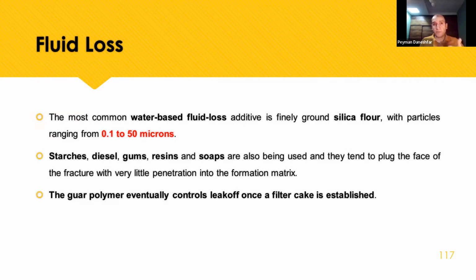Soaps act like penetration agents. Another one is guar polymer, which controls leak-off once a filter cake is established. So when we have a filter cake, we can use guar polymer to control the leak-off.